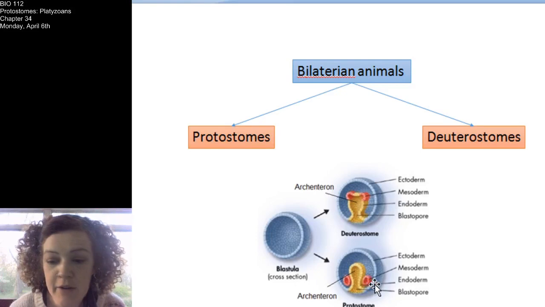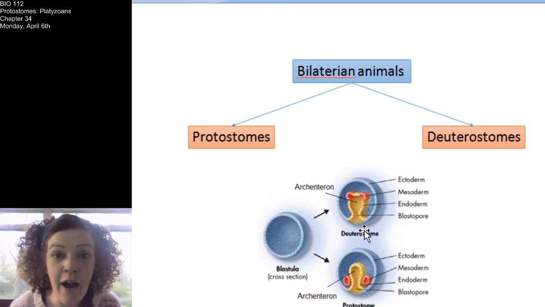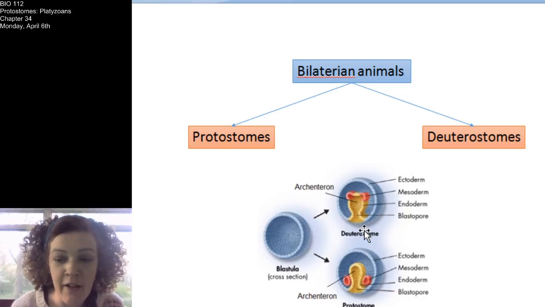And then in the protostomes, you have basically just cells growing apart from each other. They don't pouch off from here, as they do in the deuterostomes. So those are the four big ways that protostomes and deuterostomes differ. It all has to do with embryonic stages, embryonic development.